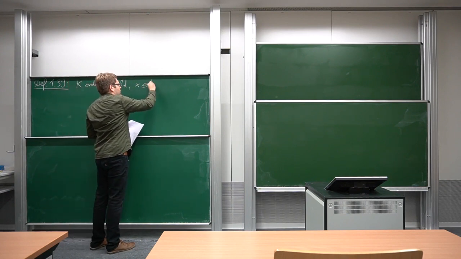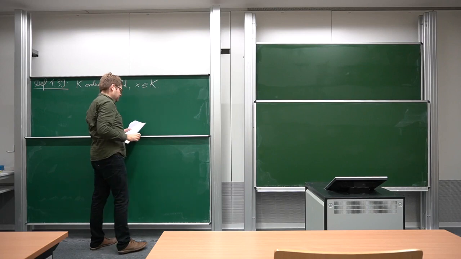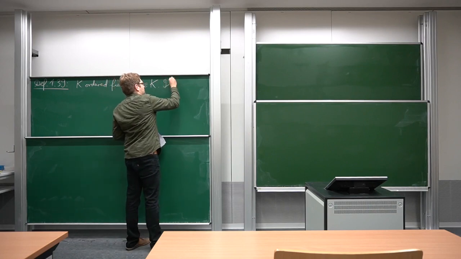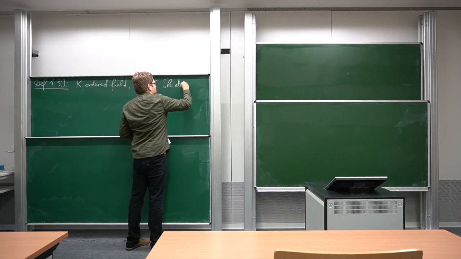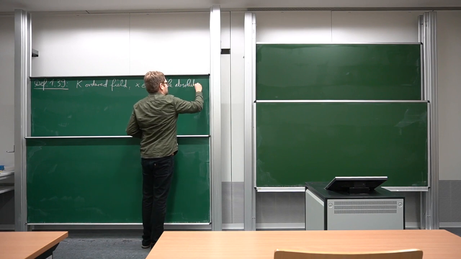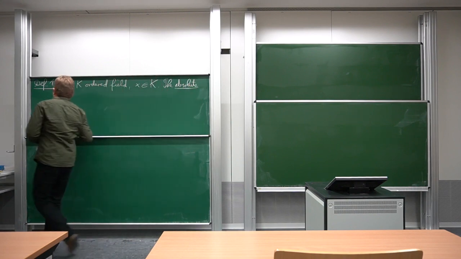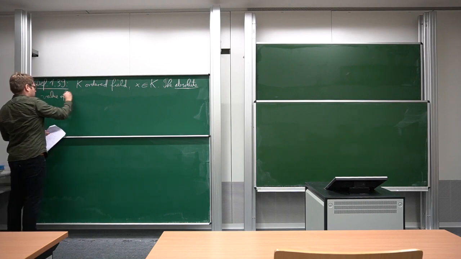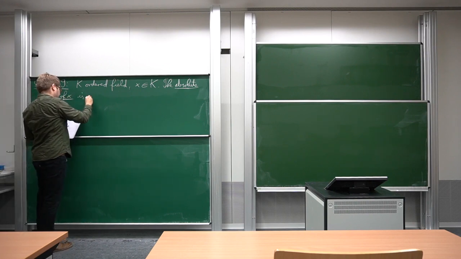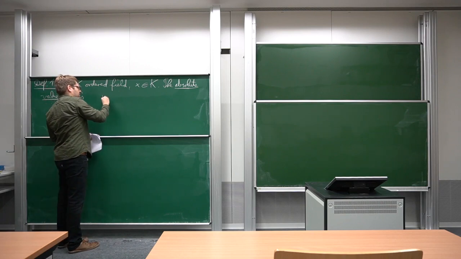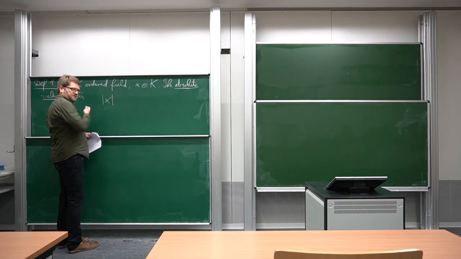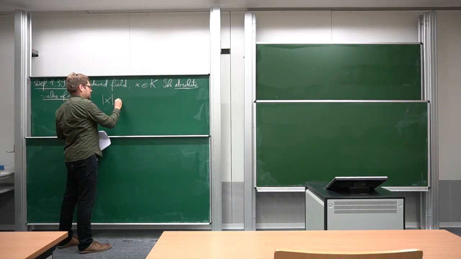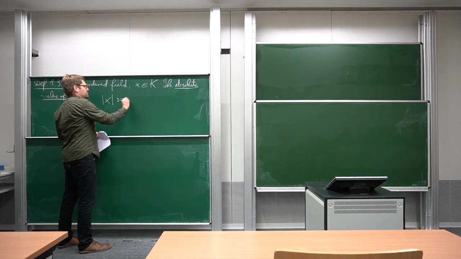So we have an arbitrary ordered field, we have an element of this ordered field, x, then the absolute value of x is the following number. So we denote this by these vertical lines, as you did for real numbers.